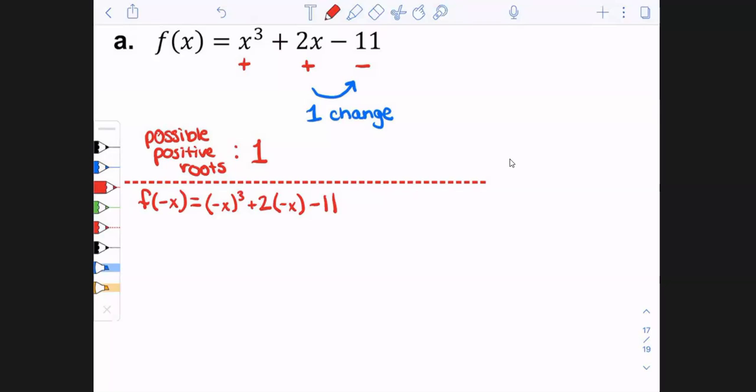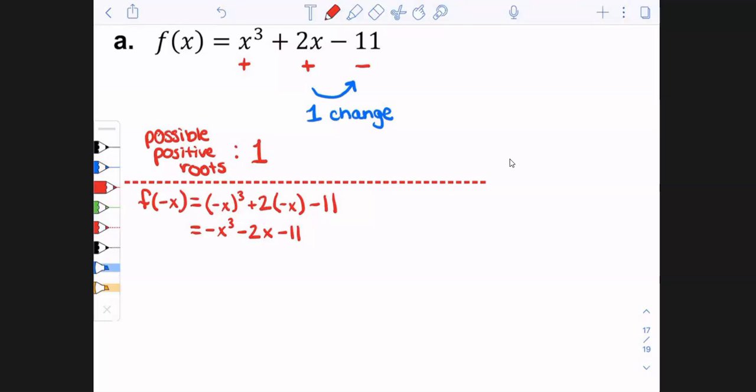If you took negative x to the third power, that'd still be negative, so you still have a negative x to the third, and that's because this power here is odd. Anytime it's an odd, it won't change the sign. But this positive 2x will now become a negative 2x minus 11.